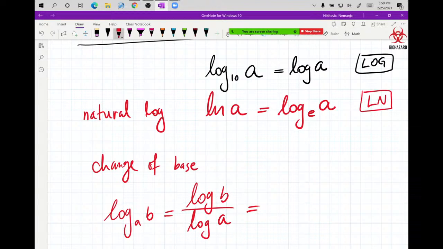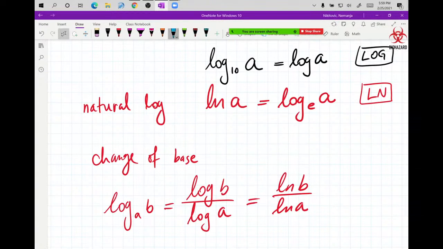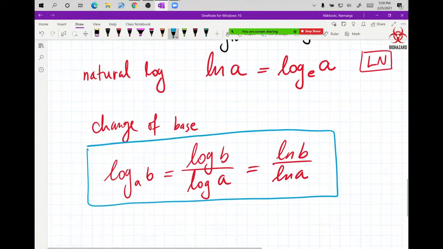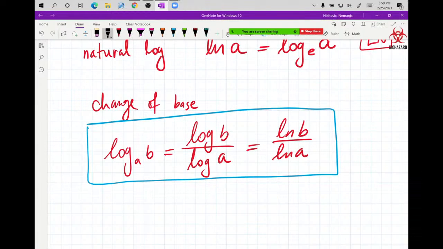This is the 10 base, and you can use your calculator. Or ln b over ln a. So this is your change of base formula, and this is how you can use your calculator to compute log base 7 of 39.